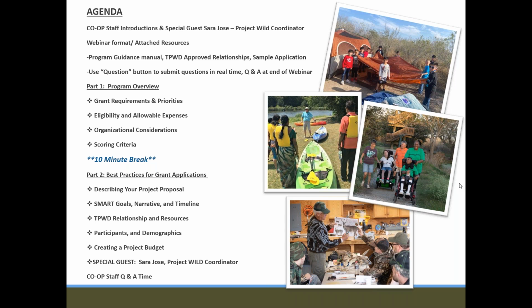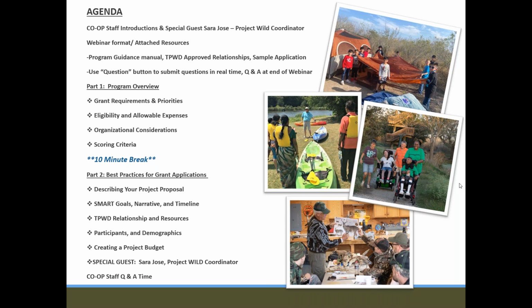We are going to spend about 3 hours together today. The first half of the day you'll be with me, and during that time we're going to do an overview of the grant. The second half of the day, you'll be digging in a little deeper with Jessica. For the first half, we're going to be talking about program requirements and priorities. We'll talk about eligibility, what organizations are eligible to apply, and allowable and unallowable expenses that can be included in the grant application.